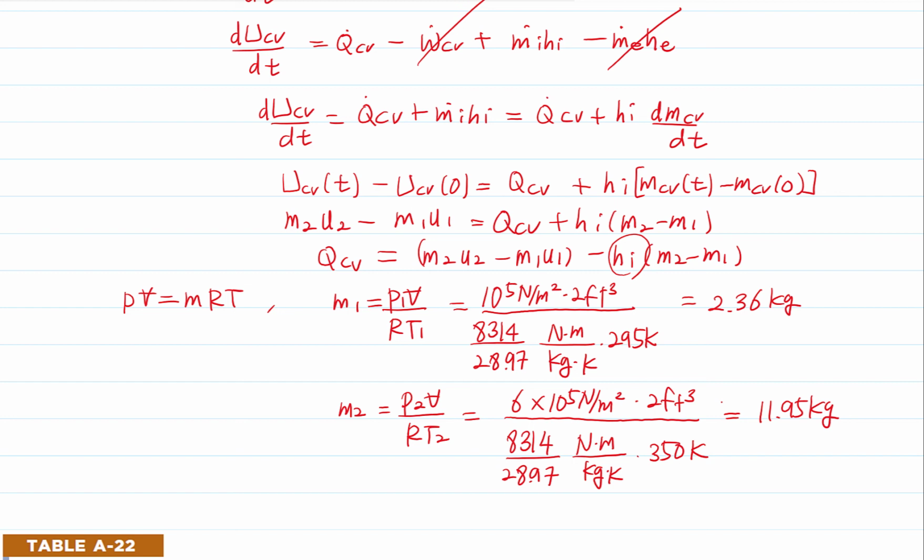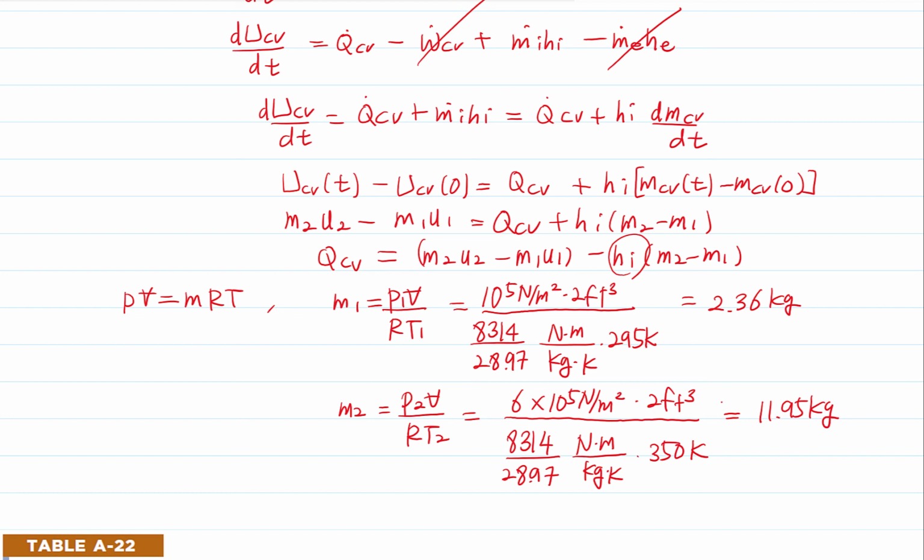Again, we are going to assume the uniform flow process. h_i is the enthalpy of the fluid going into the tank, so this is the enthalpy of the fluid from the large tank.